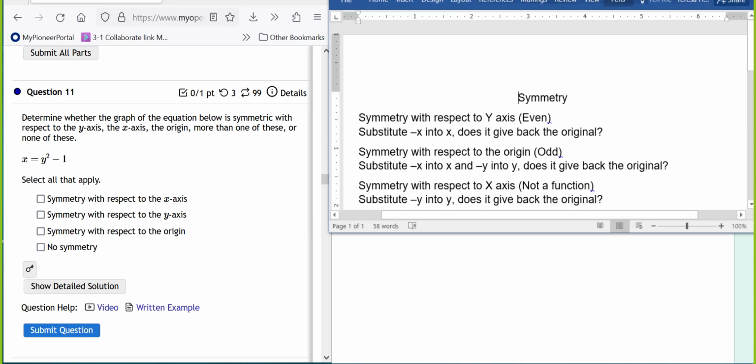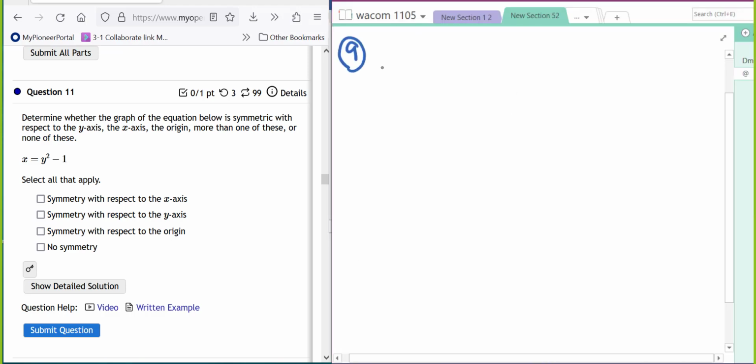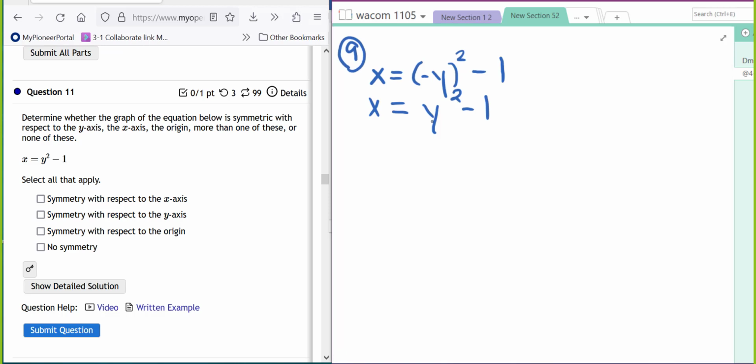So I'm going to put negative y into y, and does it give back the original? This is for the first choice. So we're leaving the x alone. And this one does give back the original. See, that is the same as your original. So it is going to have symmetry with respect to the x-axis.